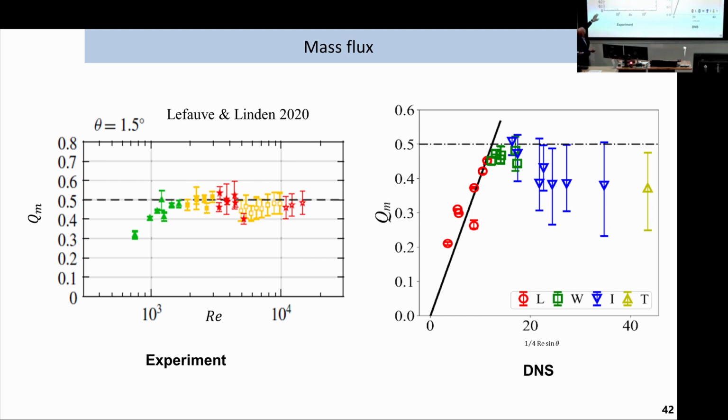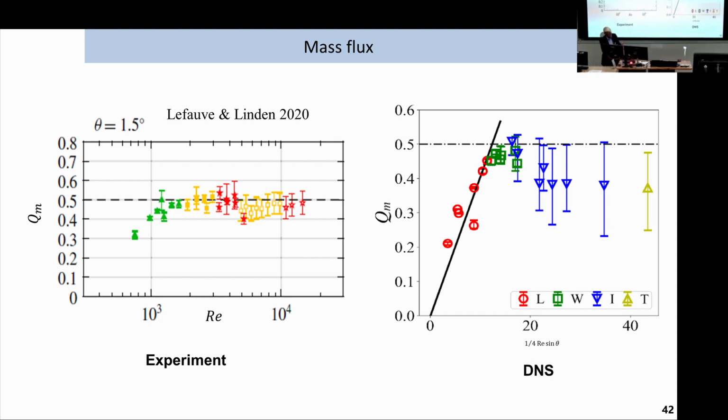And these are more experimental data, and it shows that the flow accelerates or increases as you increase the Reynolds number until you get to this value of a half, and then it never goes any faster than that. And we find the same in the numerics. The flow starts off slow, and then as you increase the forcing, it reaches a half and it stays close to a half. So the flow is controlled in both cases.